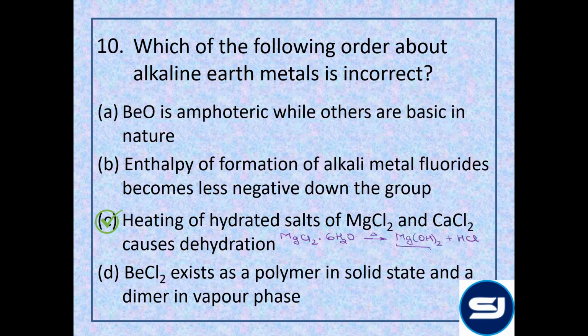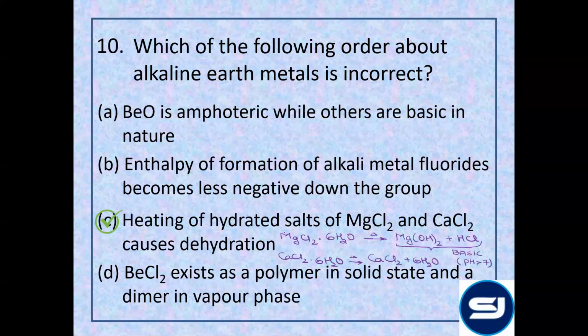So overall, there is a formation of the base and the acid, where acid being stronger, the solution actually becomes a acidic solution, जिसमें the pH value is less than 7. अब वही चीज जब कैल्शियम क्लोराइड के हाइड्रेटेड सॉल्ट के लिए करोगे ना, तो यहाँ पर simply there will be anhydrous CaCl2 formed with the dehydration or the loss of water. ठीक है, तो यहाँ पर बेरिलियम और मैग्नीशियम के क्लोराइड्स do not undergo dehydration, they undergo hydrolysis, but बाकी सारे सॉल्ट्स जो है वो डिहाइड्रेट करते हैं. वेरी इंपॉर्टेंट स्टेटमेंट.